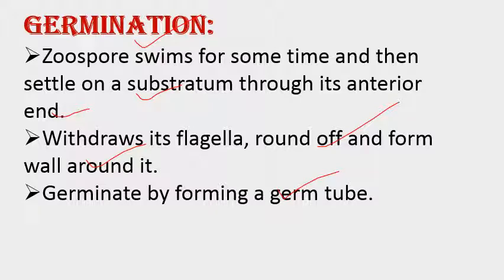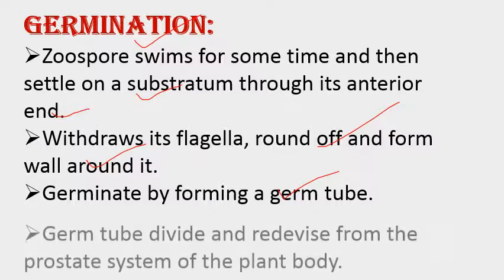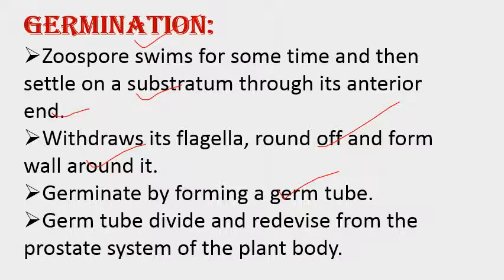This germ tube will divide and redivide to form the prostrate filament, the prostrate system of the plant body, which will give rise to the erect system. So this is how these plurilocular sporangia produce diploid zoospores and how they germinate to form a diploid plant body.